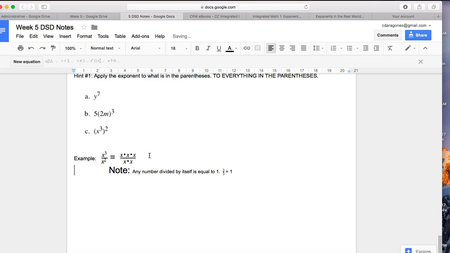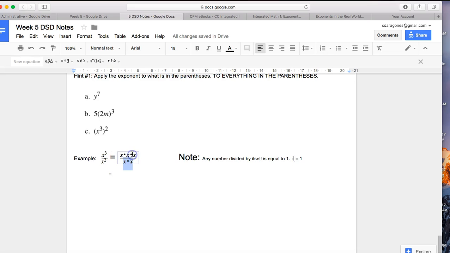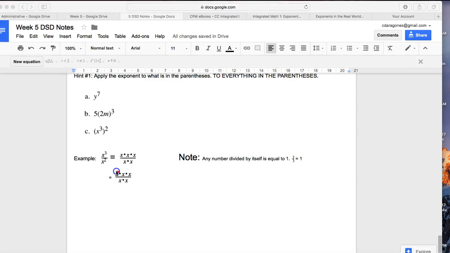So actually, what we can do is we can write this, and we can see that this x divided by this x, well, a number divided by itself is always equal to 1.